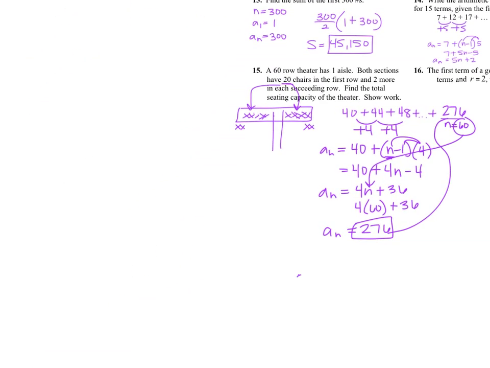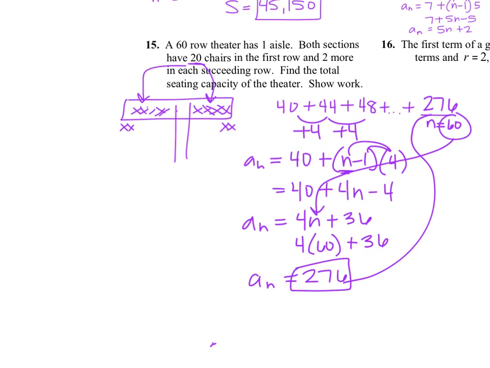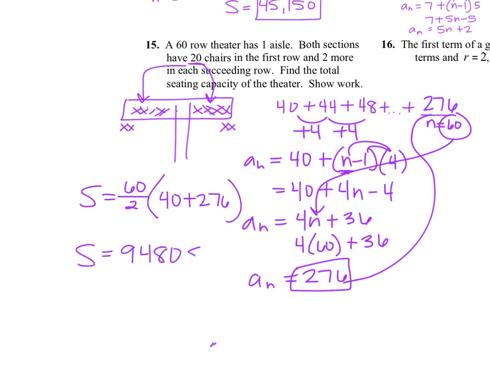So if we plug this into that formula, the sum is the number of terms, 60, divided by 2, times the first term plus the last term. And you plug that in, and the sum is 9,480 seats.